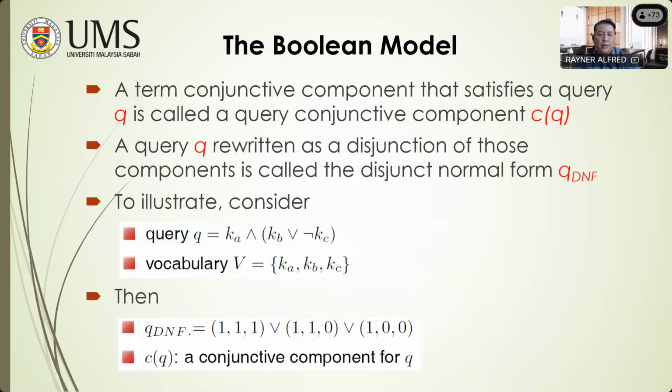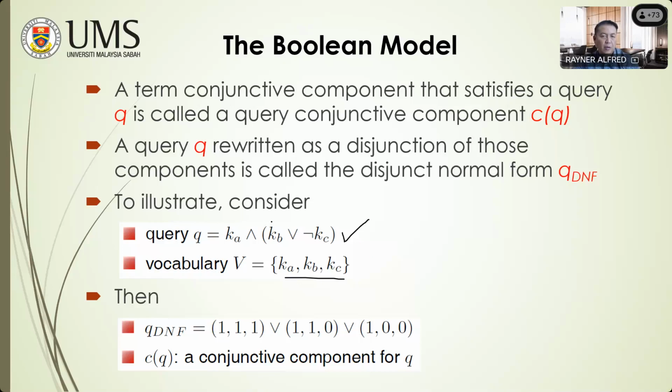Okay, so if you have query, so we will use the knowledge that we have before. We will use the term conjunctive component. Okay, so the term conjunctive component will be in this format. Okay, and we will have this vocabulary A, B, C. So what we want to know is what are the pattern of A, B, C that will give you this expression to be true.